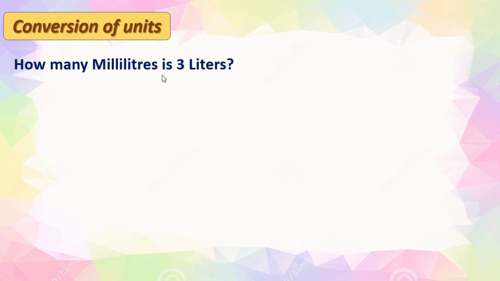Now here also we will try to convert the given units. Okay. Now here, how many milliliters is 3 liters? Come on, tell me. How many milliliters? We are going to convert these liters into milliliters. How to convert? You know that 1 liter is equal to 1000 milliliter. Right? We know this.